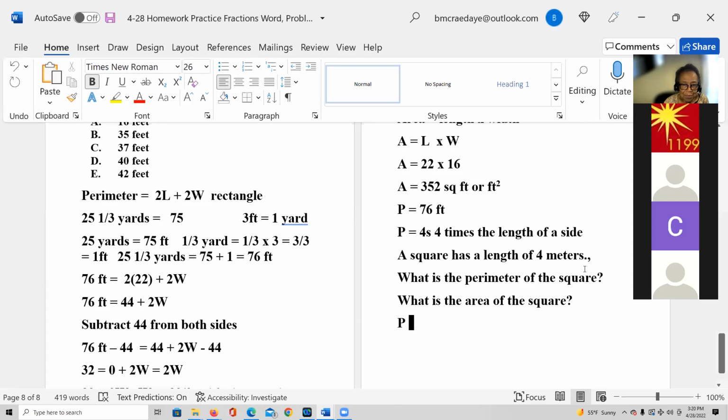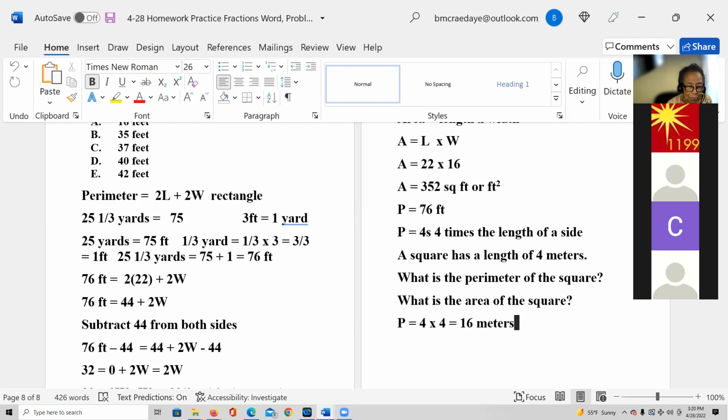So what would it be, Maureen? 16. The perimeter would be 4 times the length of a side, and the length of the side is 4 meters. So the perimeter would be 4 times 4, in meters, and that would be 16 meters.